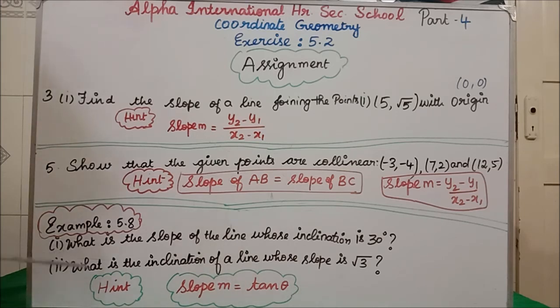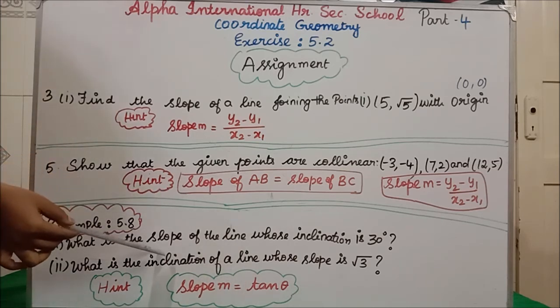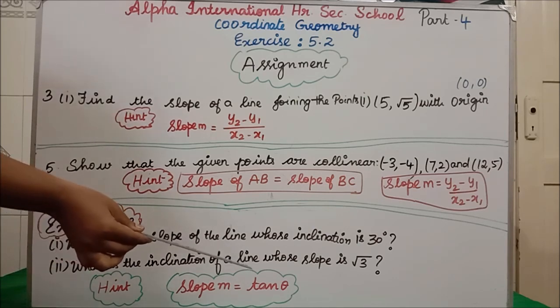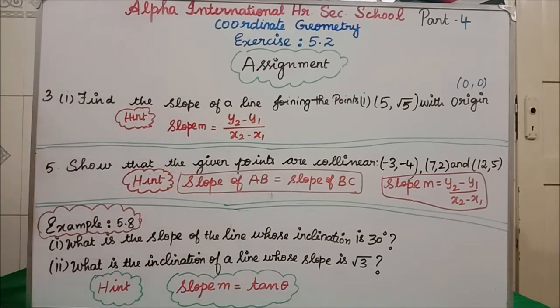In the first subdivision, we are asking for the slope m and they have given theta. So what is that formula? Slope m is equal to tan theta. So instead of theta, we have to substitute 30 degree. I have put a tabular column for tan theta values. According to that, find what tan 30 degree is and write the answer.